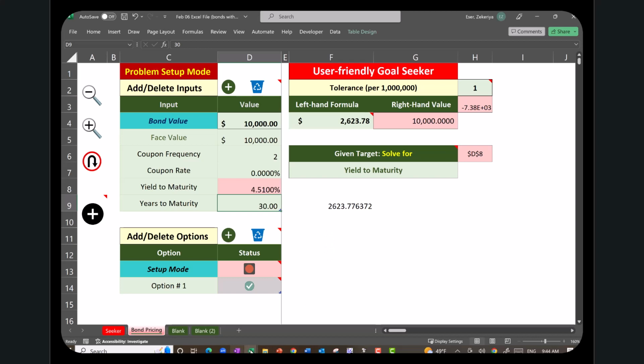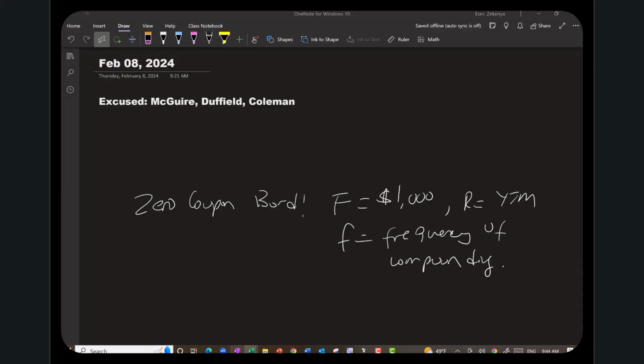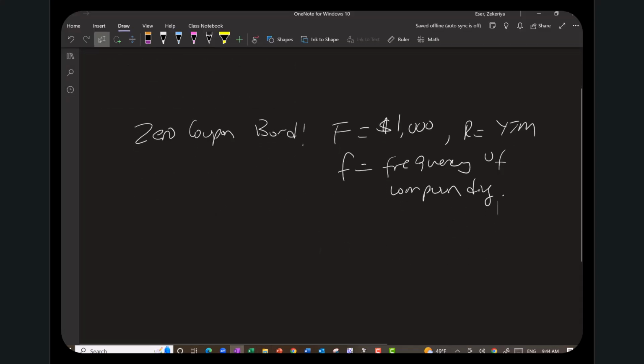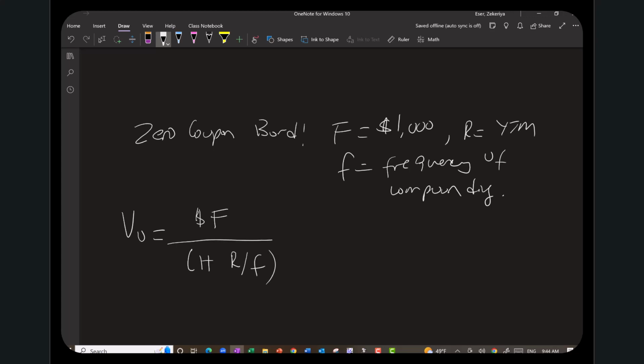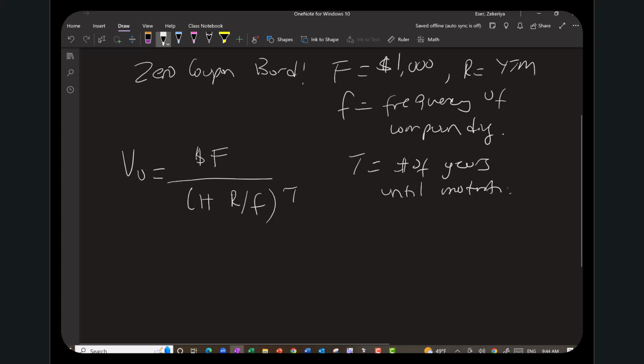I know this is not an accounting class, but now if I wanted to calculate the value of this bond now, I would have done $F divided by 1 plus R divided by f, raised to the power t, and t is the number of years until maturity, right?